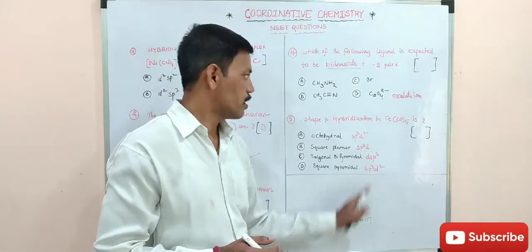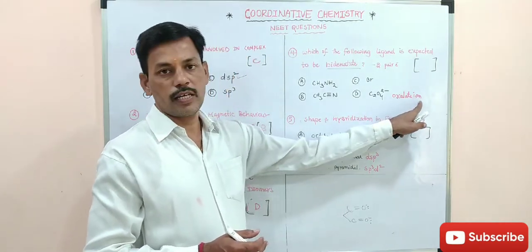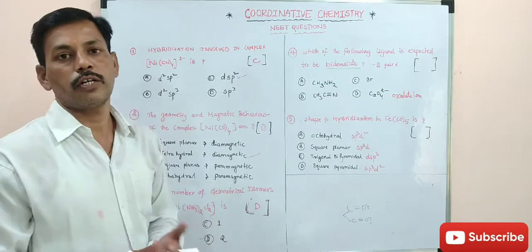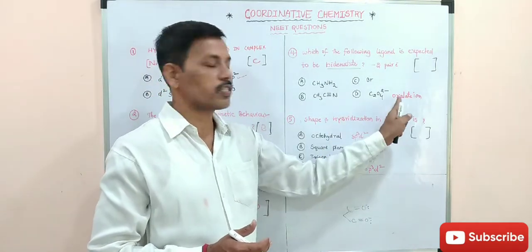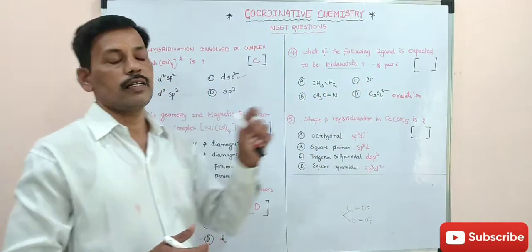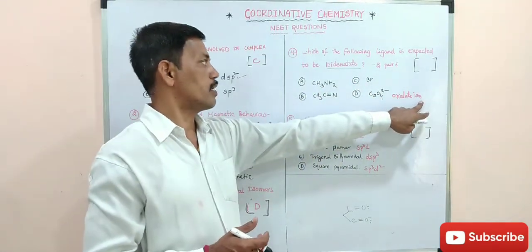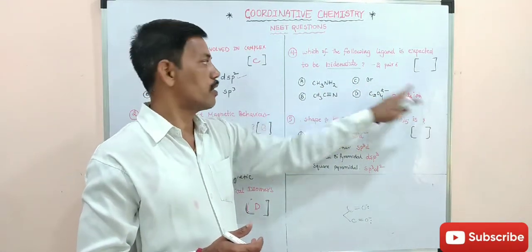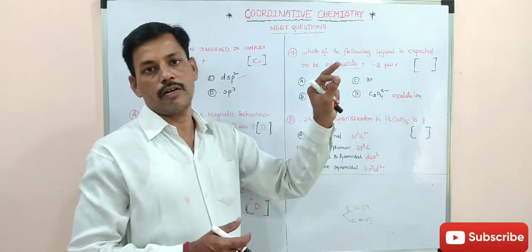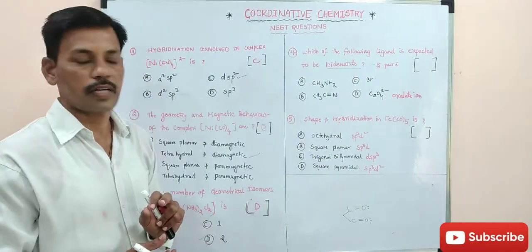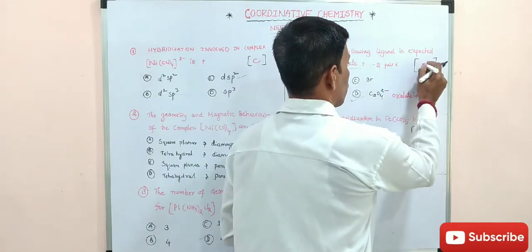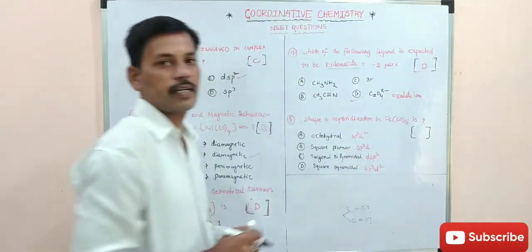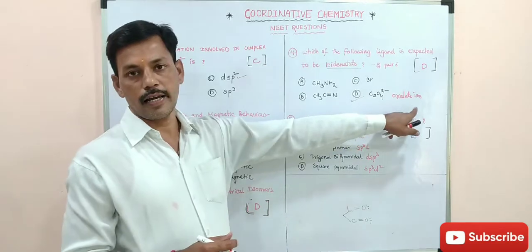So only in the oxalate ion is it possible to donate two pairs of electrons by oxygen, so the oxalate ion is a bidentate ligand. The correct answer is D. So we have to write D here. This is a bidentate ligand.